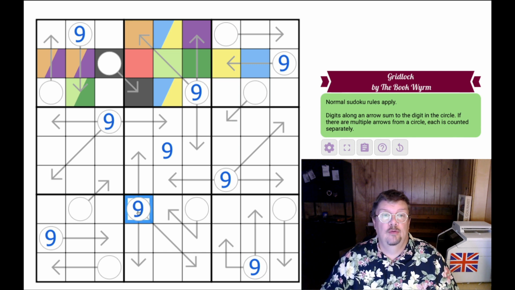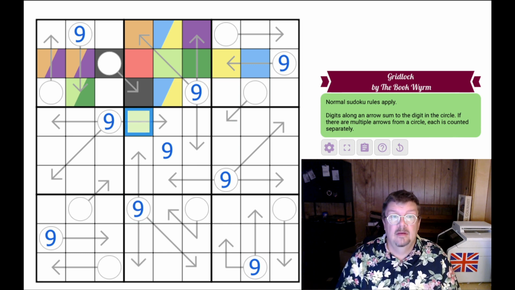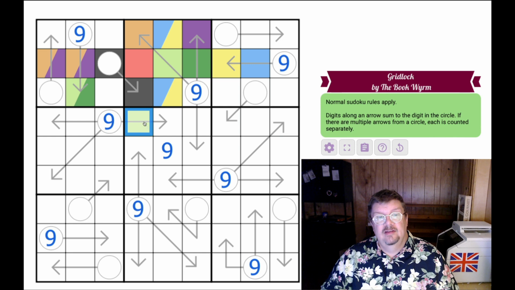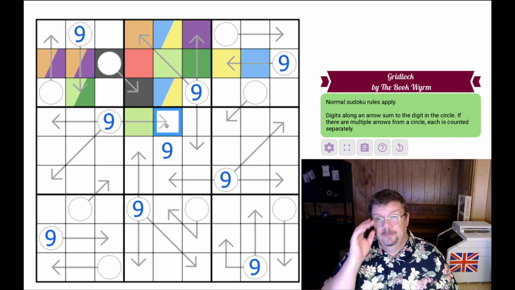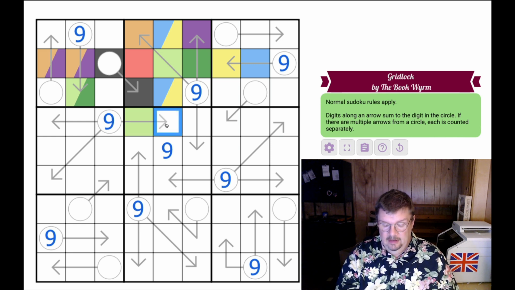We've got all of our 9s. It can't go into either of these cells, because if one of these were light green, the other one would have to be orange, which breaks by sudoku. It can't be on either of these by the exact same argument, so light green must go here. And if this is light green, this must be orange. That is that one.